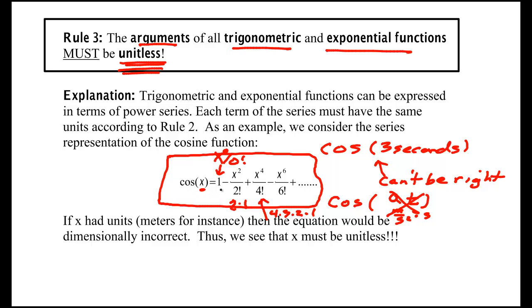Well, the problem is, since these are summed, these have to have the same units, but they don't have the same power. So let's say that x had the units of, say, seconds. Then the cosine of x would have the units of no unit.